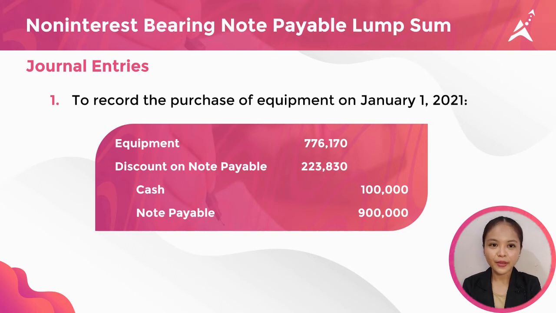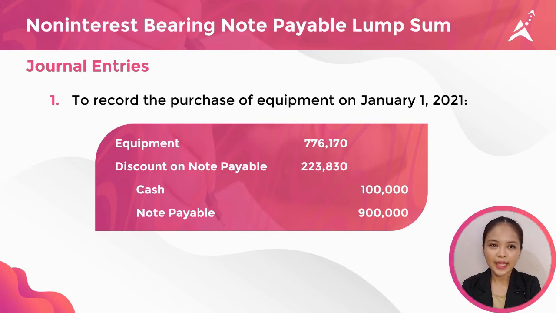First, to record the purchase of equipment on January 1, 2021, we will debit equipment for 776,170 pesos, which is the cost we computed earlier. Next, we will debit discount on note payable as well for 223,830 pesos, which is the imputed interest we got earlier.